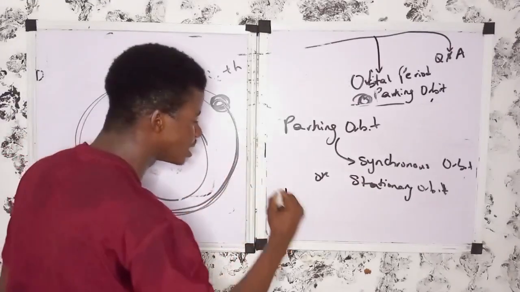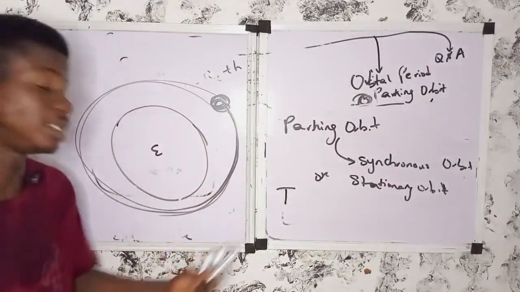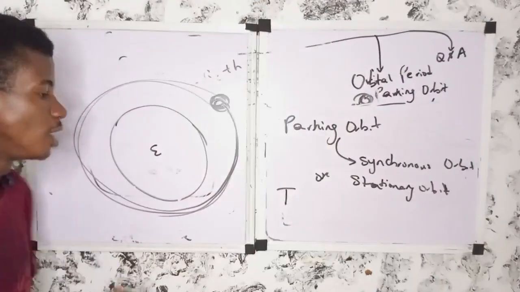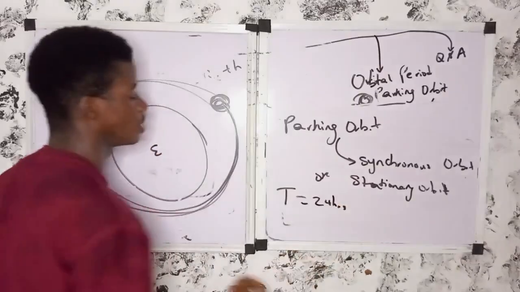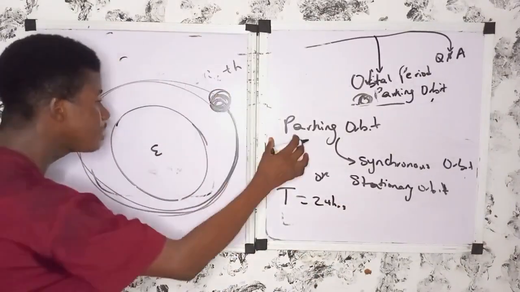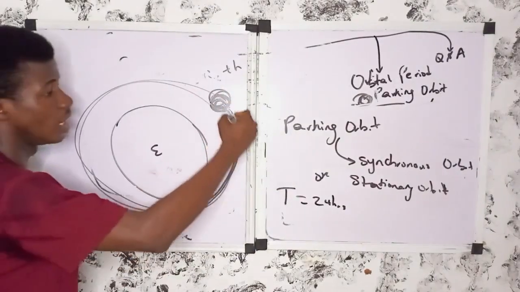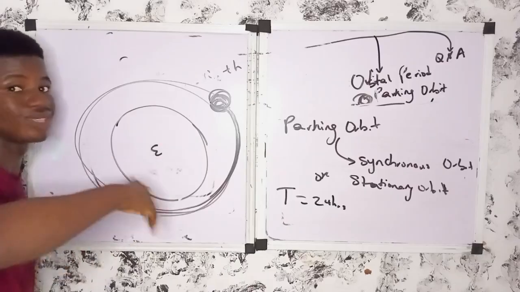So in parking orbit, what is the time it takes the Earth to complete its rotation around its axis? It's 24 hours, right? Yes, 24 hours. So in parking orbit, the satellite is moving at the same period as the Earth rotating around its axis.